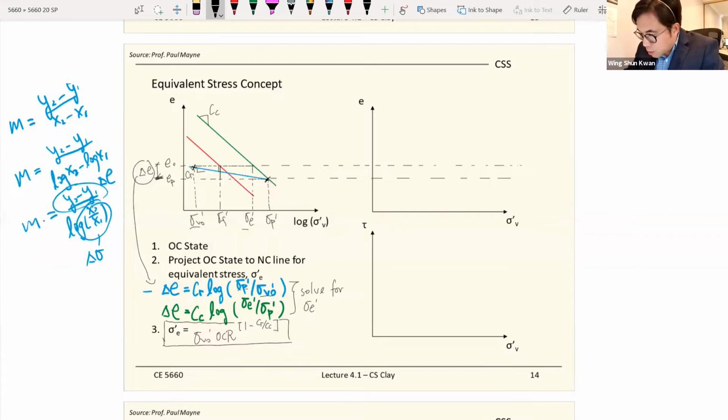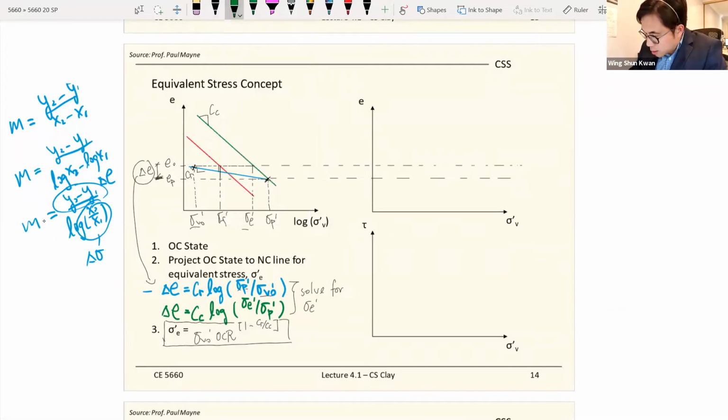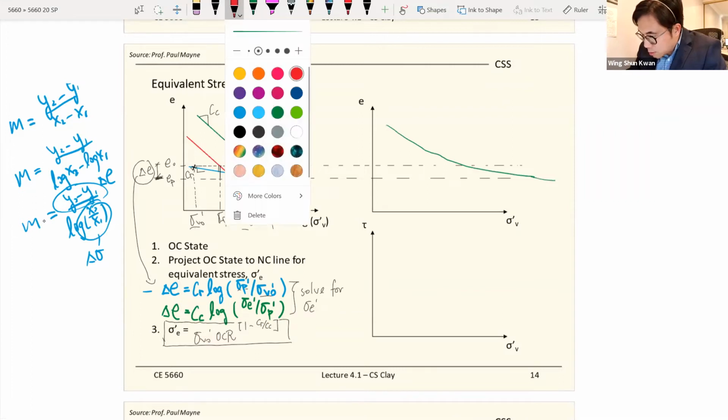Okay, so the green line is the normally consolidated line, and then the red line is the critical state line.